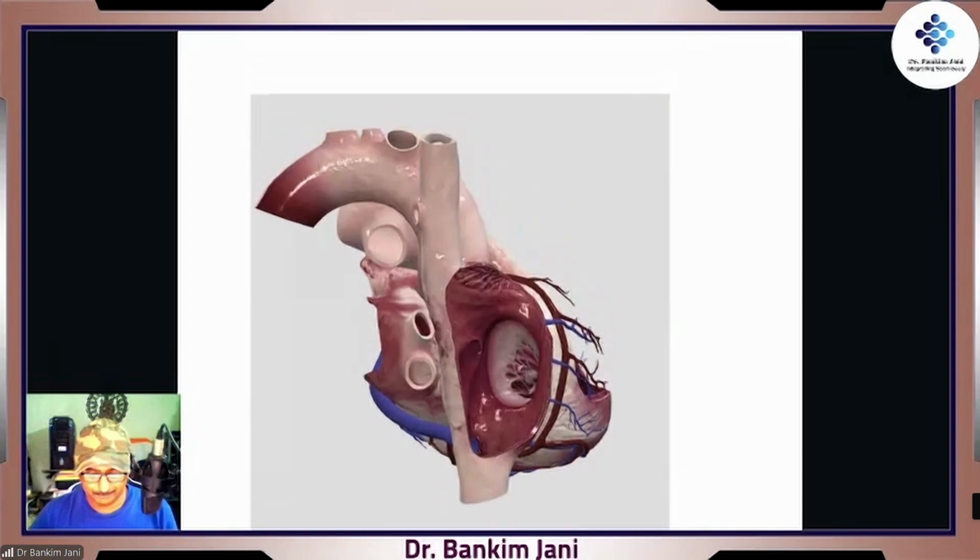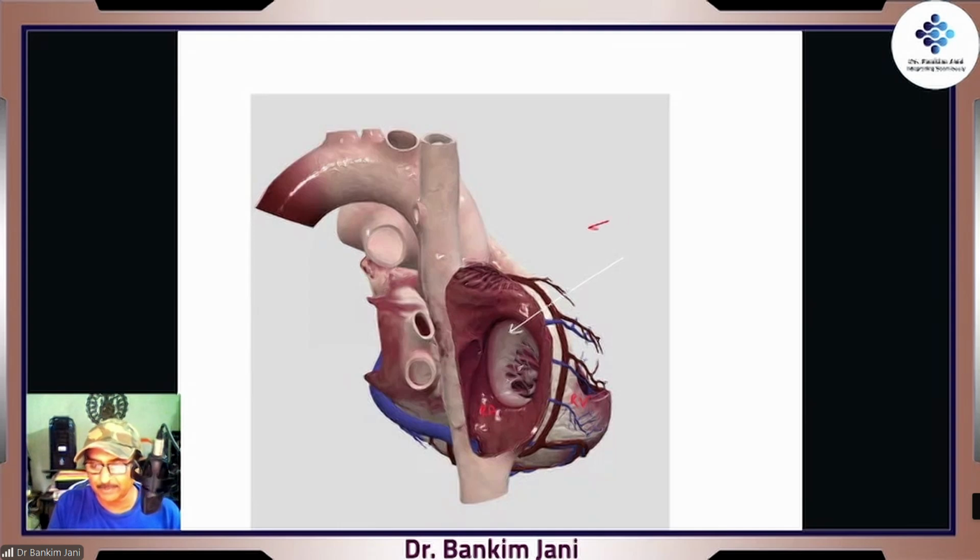Moving further, look at the valve, right? Yes, very right. What you said is semilunar. So this valve is present between the right atrium and, on the opposite side, the right ventricle. This is the right ventricle, this is the right atrium.